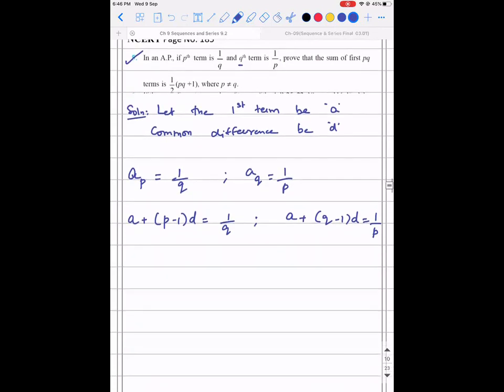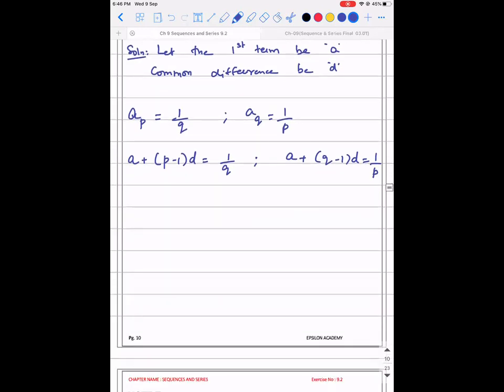They're asking what is the sum of the first pq terms. For you to find that, you need the common difference and the first term, right? So two unknowns and two equations, solve them.